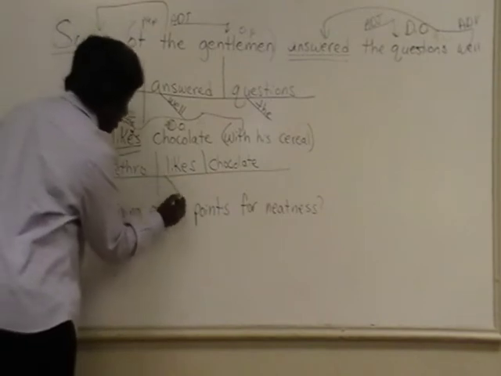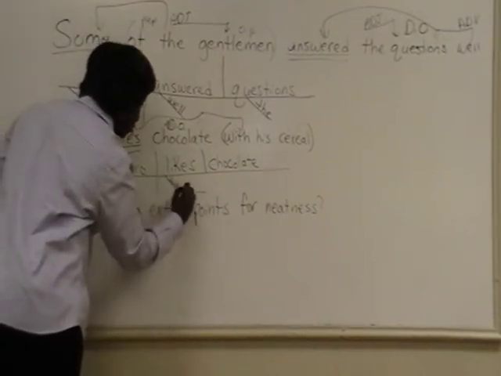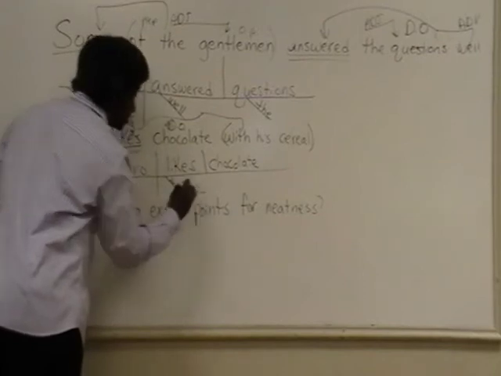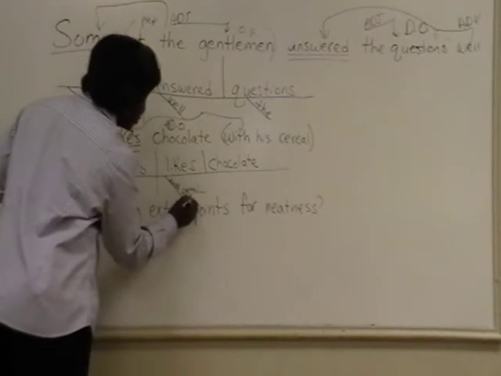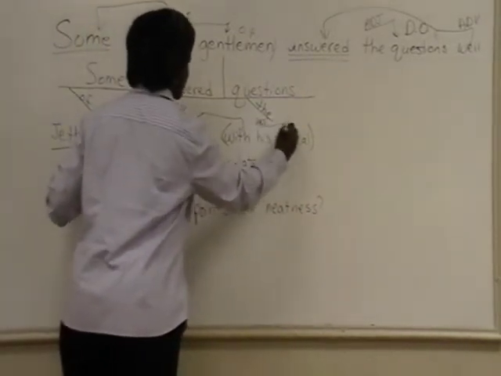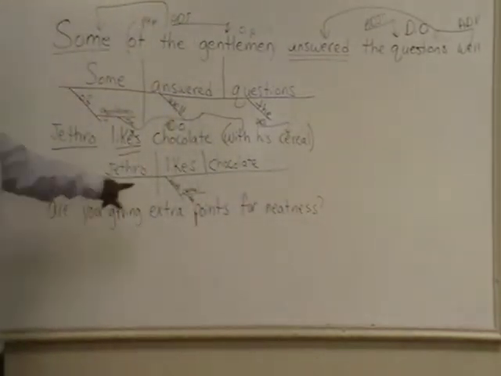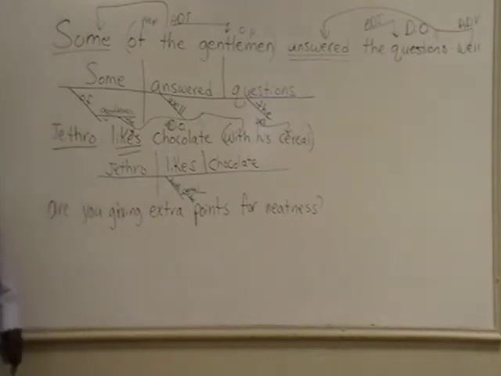So we got "with" on that line, "cereal" on that line, and then "his" is telling you whose cereal. So you would have an adjective here. Jethro likes chocolate with his cereal. Strange kid, that Jethro.